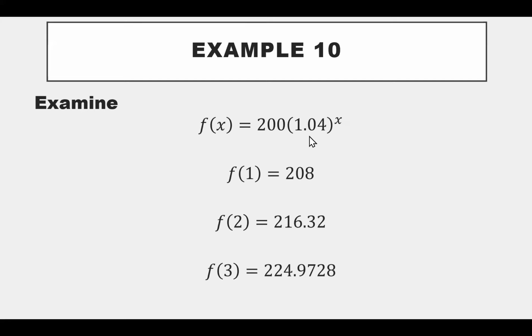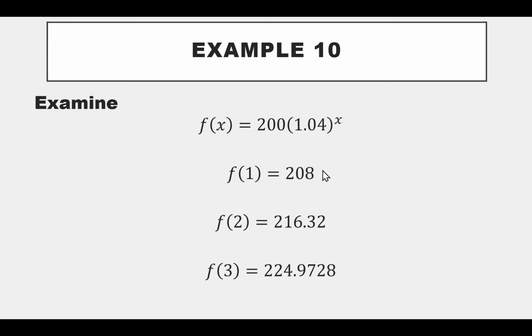If I were to plug in 0, I'd start at 200. If I were to plug in 1, I would have gotten out 208. If I plugged in 2, I would have gotten 216.32. If I plugged in 3, I would have gotten 224.9728 approximately.